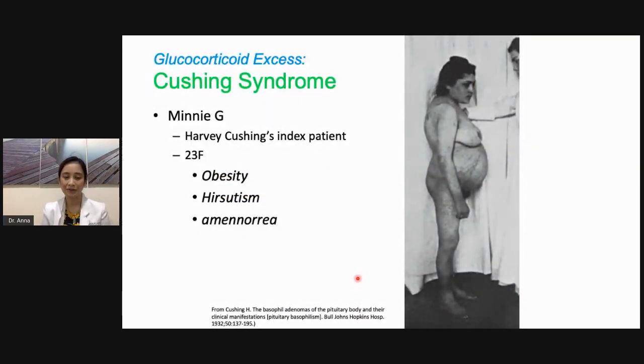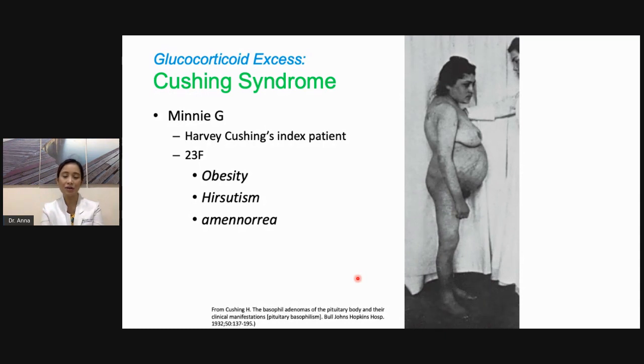So we will tackle Mini G. Mini G is Harvey Cushing's index patient. Remember Dr. Harvey Cushing? I talked to you about him in one of our lectures on the pituitary. He's a very prominent neurosurgeon who had particular interest in the pituitary, and he was very meticulous about documenting his patients.